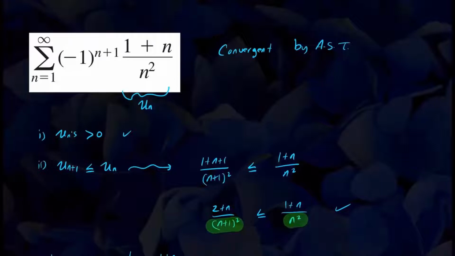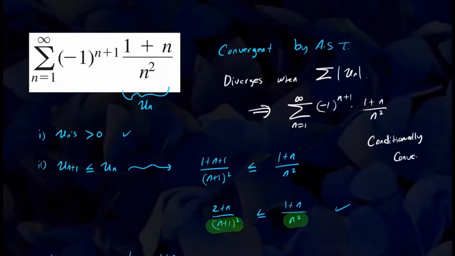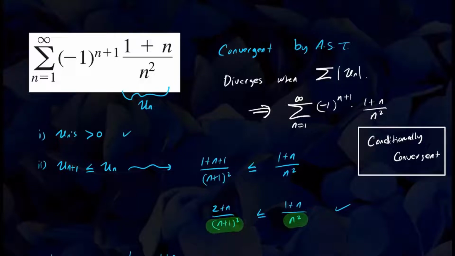So because it diverges in absolute value, when we take the absolute value of our series un, we can say that this series, the sum from n equals 1 to infinity of (-1) to the power n plus 1 times (1 plus n) over n squared, is conditionally convergent. So that's the conclusion we can draw for this series.